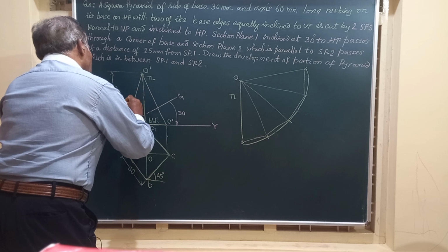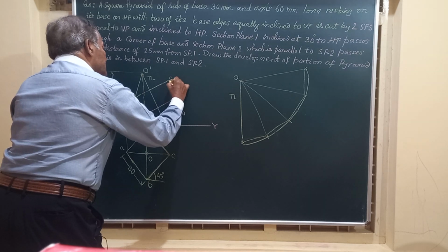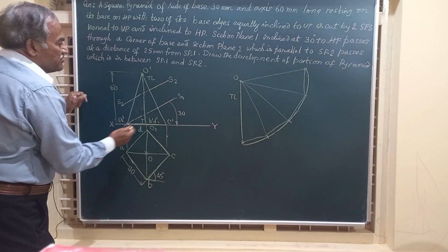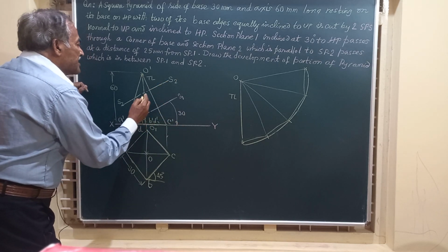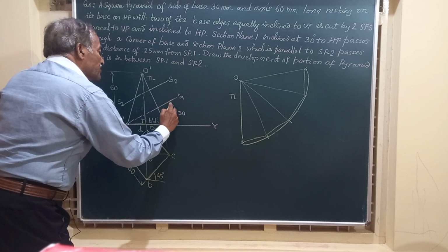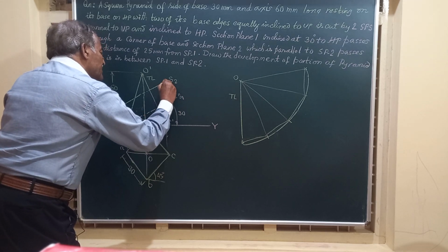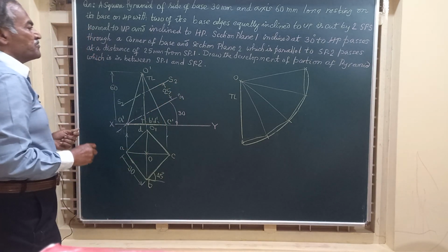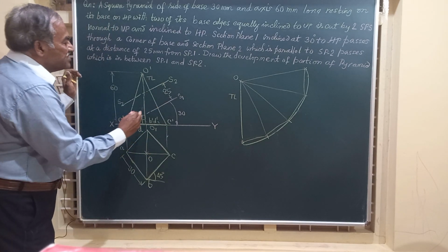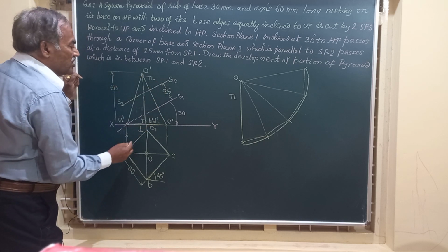The second section plane S2, S2 is also inclined to HP at 30 degrees, and it is passing at a distance of 25 millimeter from SP1. So I'm going to draw S2, S2 at a distance of 25 millimeter from S1, S1, and we are interested in the development of the portion that is between S1, S1 and S2, S2.